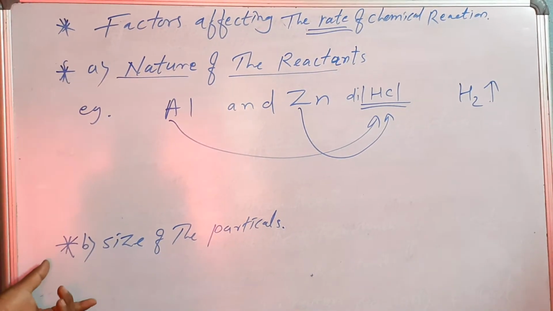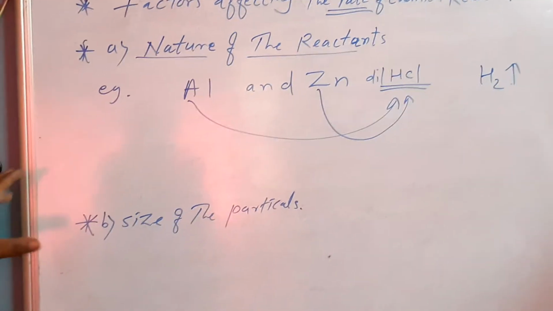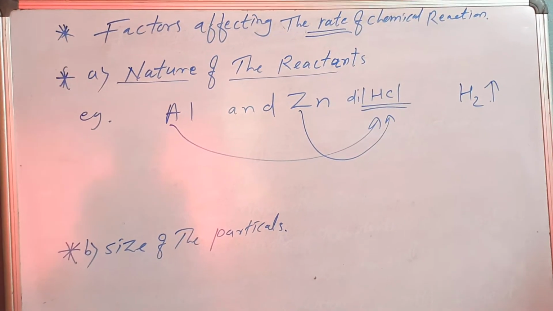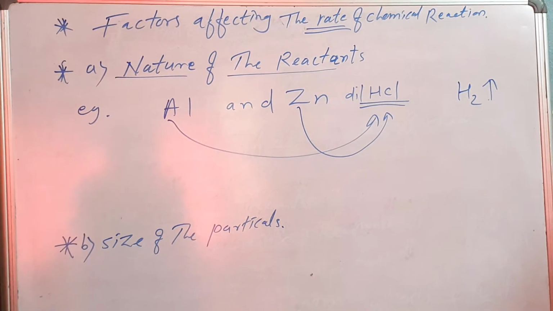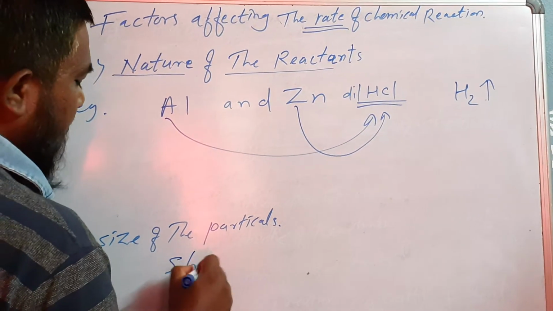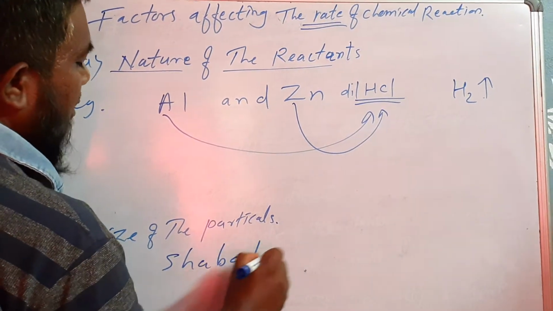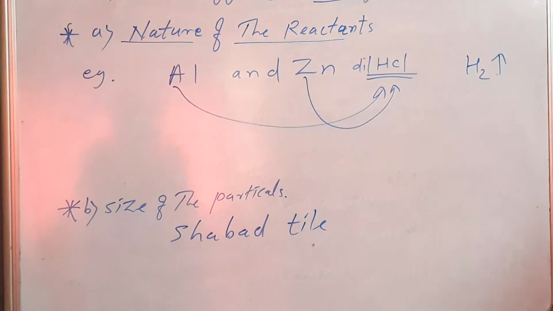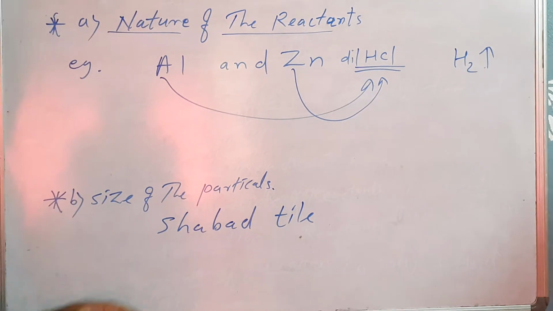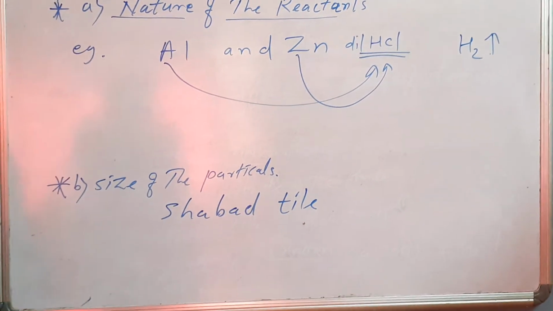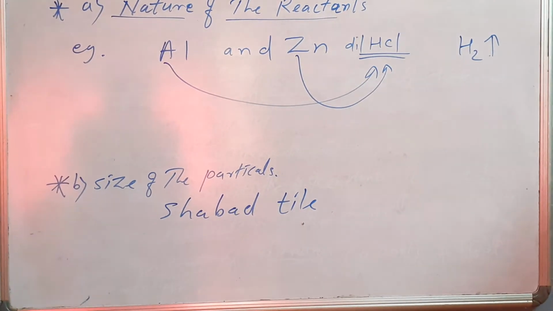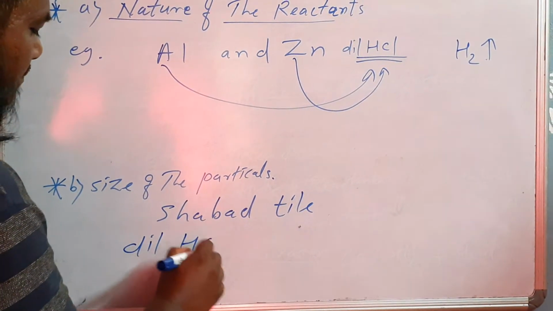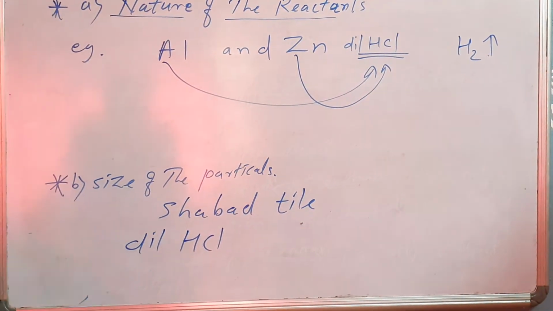Now the second factor affecting the rate of chemical reaction is the size of particle. That means when we take Shabbat tile and mix this Shabbat tile with dilute HCl, two parts will be made.